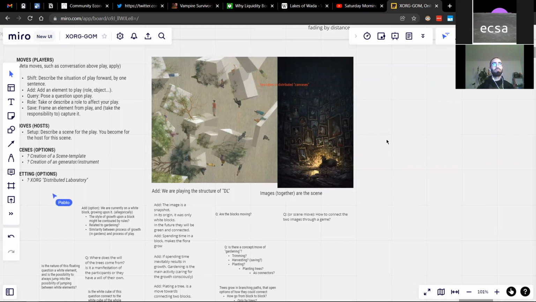Then that becomes a puzzle for whoever sees it. Your position in front of that would be more player-like, because it's almost like a puzzle: how are they both distributed canvases?